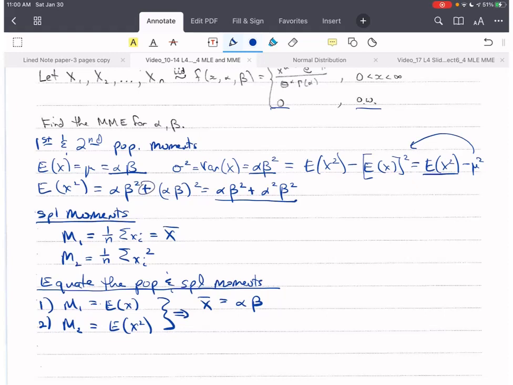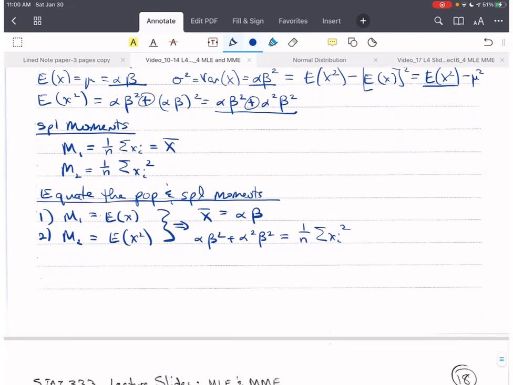So m2 is alpha beta squared plus alpha squared beta squared, and that is going to equal 1 over n sum of x_i squared.